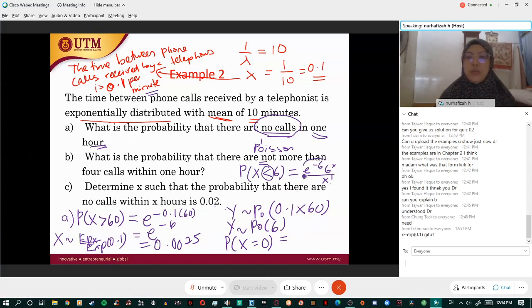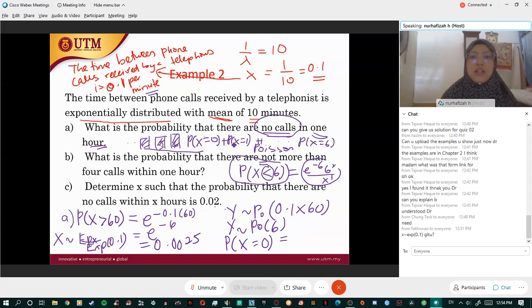If you want to use this formula, you have to change P(X < 6) into something with equality, that is P(X ≤ 5). You can use the statistical table directly, or you could also use P(X = 0) plus P(X = 1) until P(X = 5), using the formula one by one.